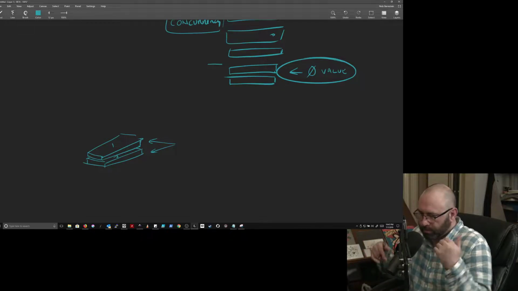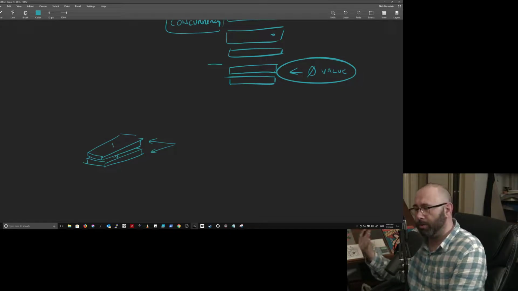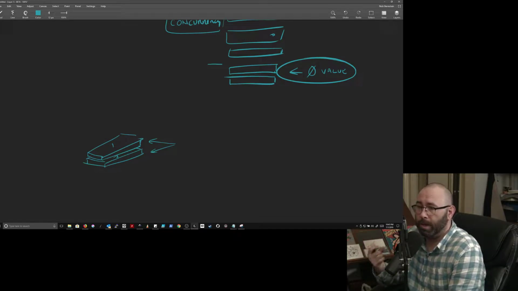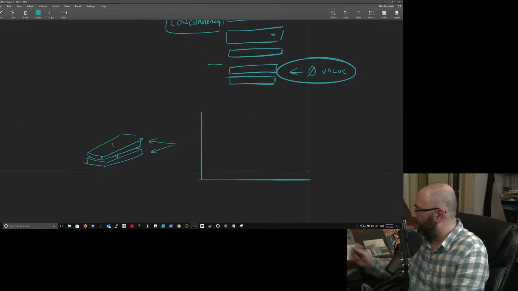So the reason why this is such a big value is because the return on investment initially is going to be very, very, very high. So if we go ahead and look at a little graph, on one axis we have time, and then on the other axis we have units of concurrency. In this case, it's going to be disks, right?